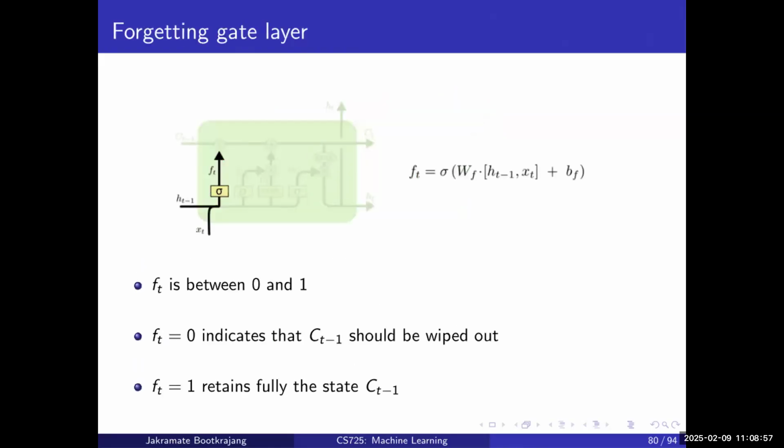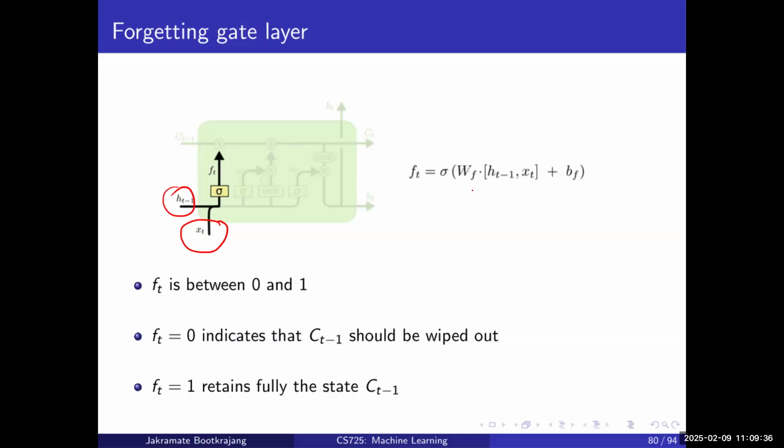The next one is the forgetting gate layer. So what is the forgetting gate layer? The forgetting gate layer is a value between 0 and 1. Normally it takes the current input and the output from the previous layer. So these two things combined will decide whether or not to forget the memory from the previous timestamp.